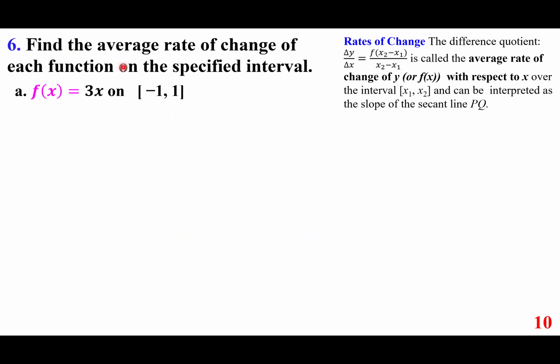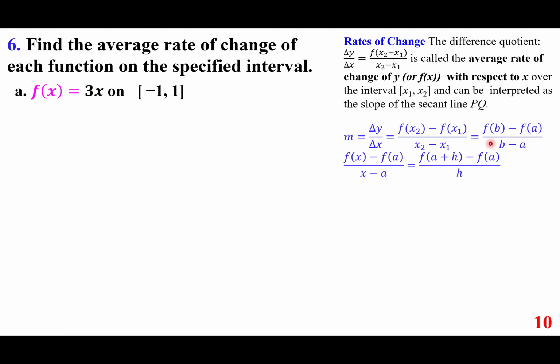Find the average rate of change of each function on the specified interval, where f of x equals 3x on the interval of -1 to 1. Reminding everyone of the rate of change, the difference quotient, delta y over delta x, the average rate, and reminding you of those formulas that were given.